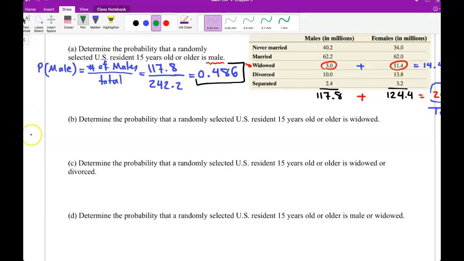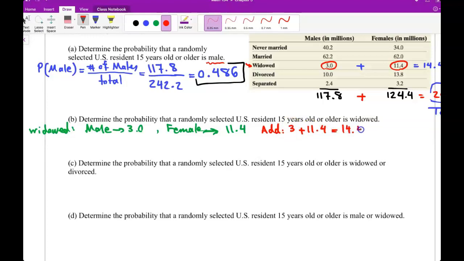So part B for this group. For male, we have 3. And for female, we have 11.4. So add these two. We have 14.4.